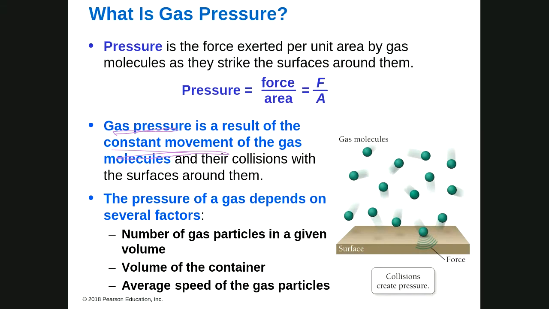And it depends on how many gas particles you have, the volume of the container, so how big is it and how much room do they have, and then the average speed or velocity of those gas particles. So anything I do to increase the velocity of the particles, decrease or increase the size of the container, or increase or decrease the number of gas particles is going to affect the pressure inside this system.